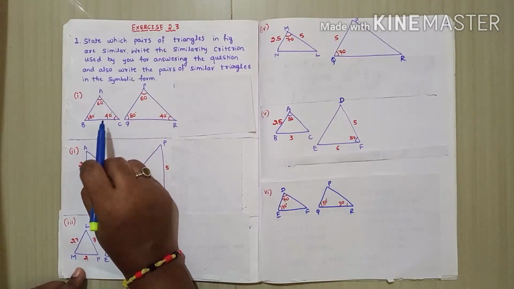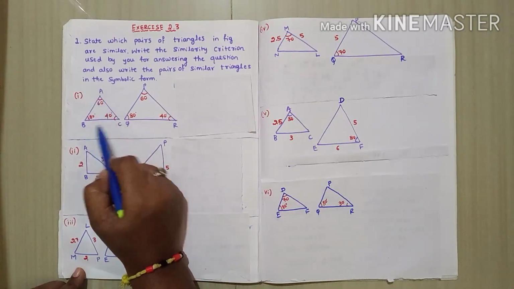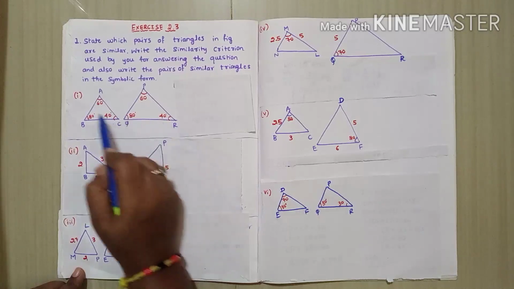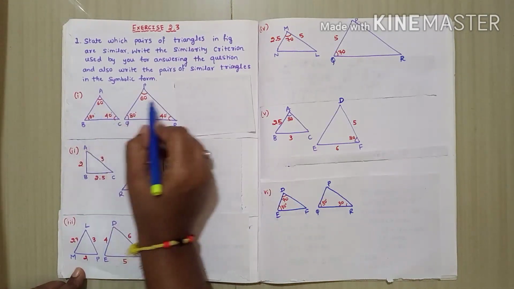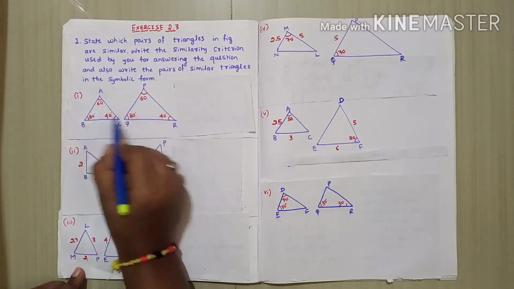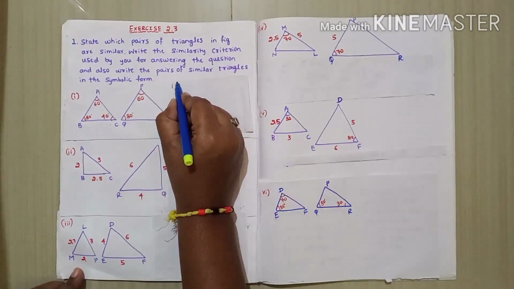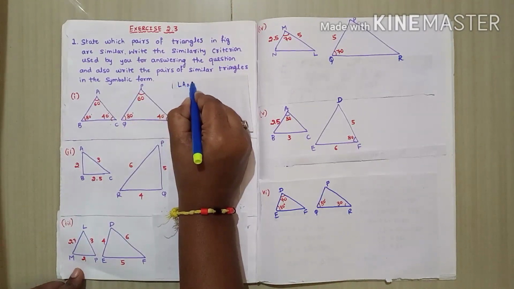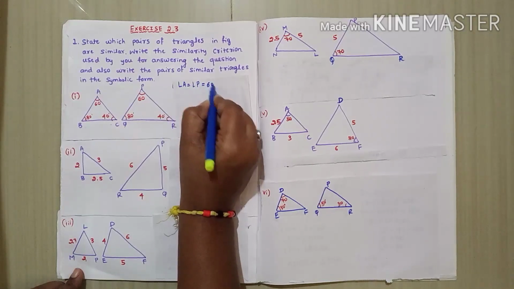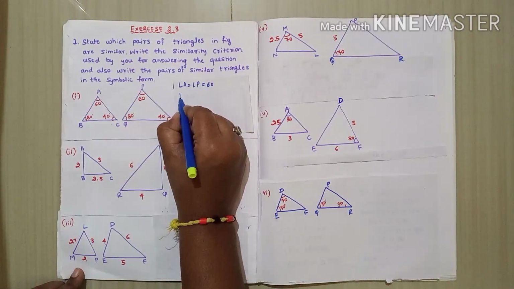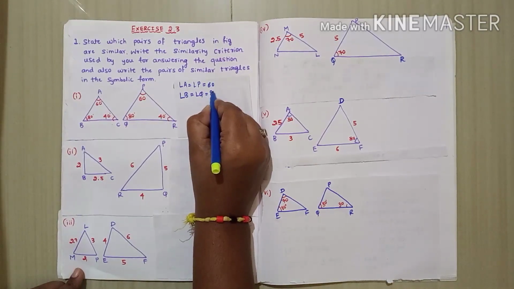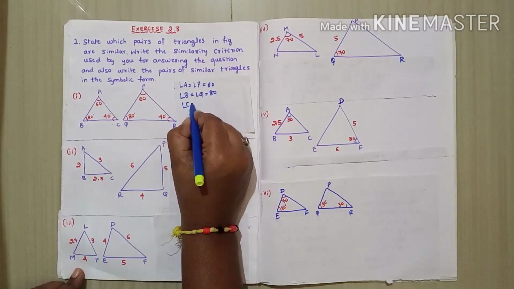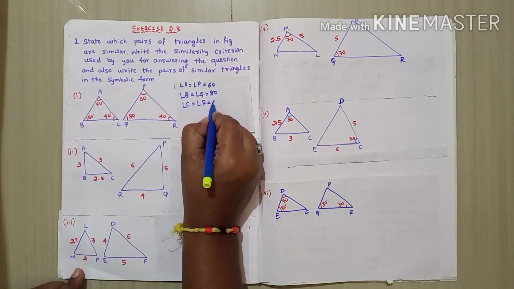First set of triangles we'll see. Here triangles ABC and PQR, they have given the angles of the triangles. By seeing the diagram we can identify 60 degree, 80 degree and 40 degree are equal. So angle A is equal to angle P is equal to 60 degree. Angle B is equal to angle Q is equal to 80 degree and angle C is equal to angle R is equal to 40 degree.